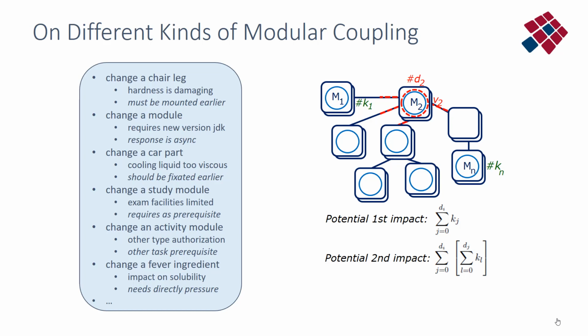And you could also have impact based on an aggregation process or in time. For instance, a fever ingredient would need direct pressurization and the other ingredients would not need it. Another type of chair leg would have to be mounted earlier in the manufacturing process than it used to be. A module in software would have an asynchronous request instead of a synchronous, etc., etc. You could have another study module that required a prerequisite.